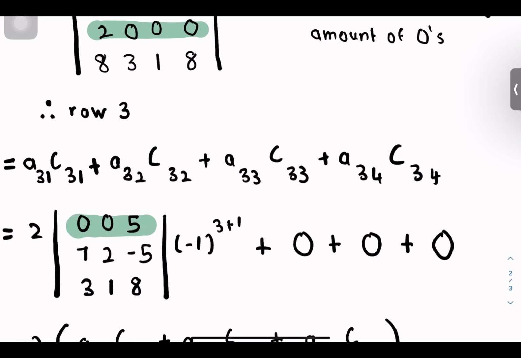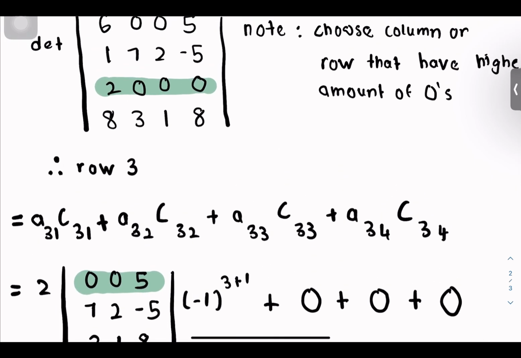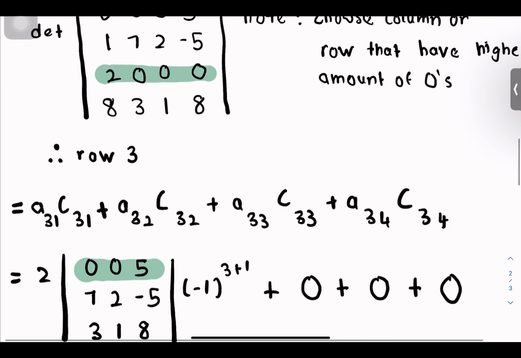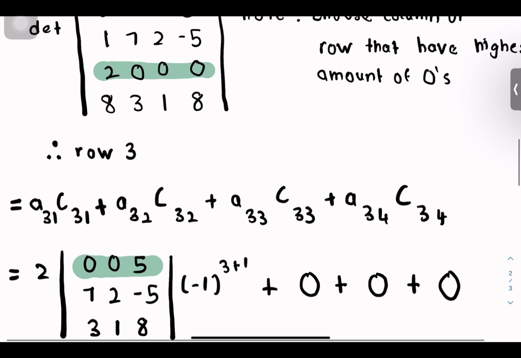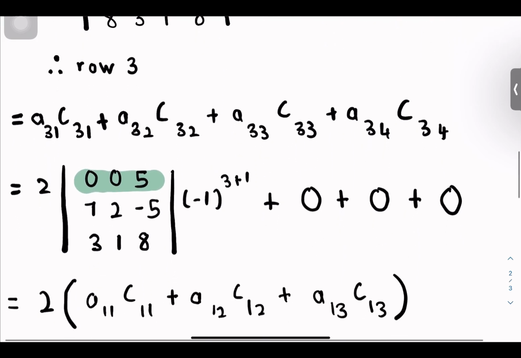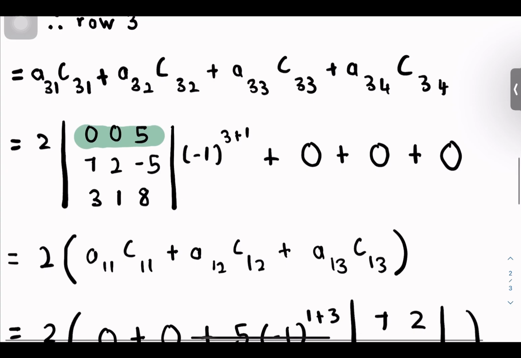For the next, A32 C32, we know that A32 is 0, so the final answer for A32 C32 is 0. The same for A33 C33, 0, and A34 C34, 0. So for A31 and C31 we just keep that value.